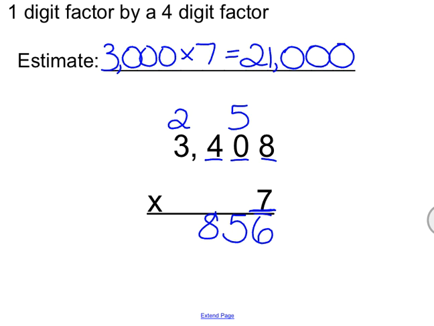Then I'm going to continue. 7 times 3. 7 times 3 is 21. Add 2. 21, 22, 23 is 23. So 3,408 times 7 is 23,856.